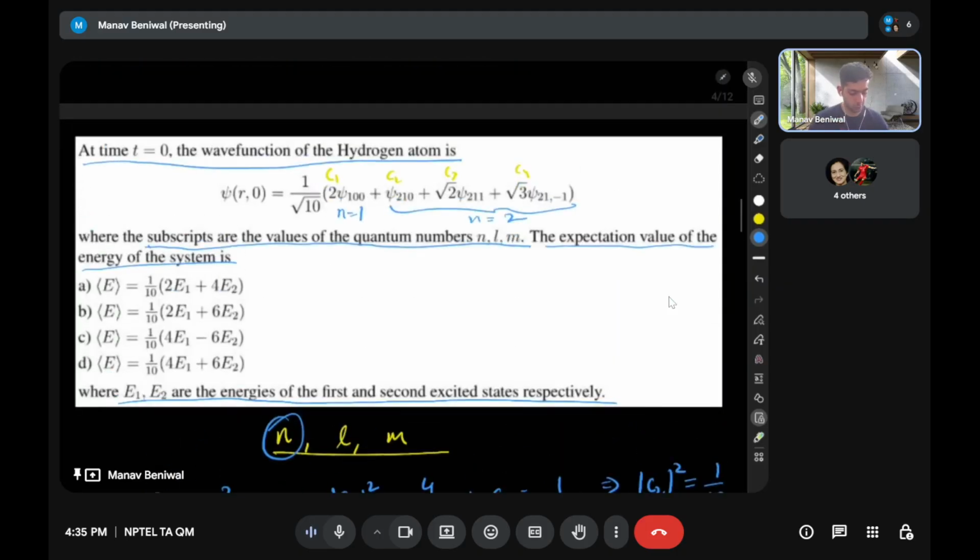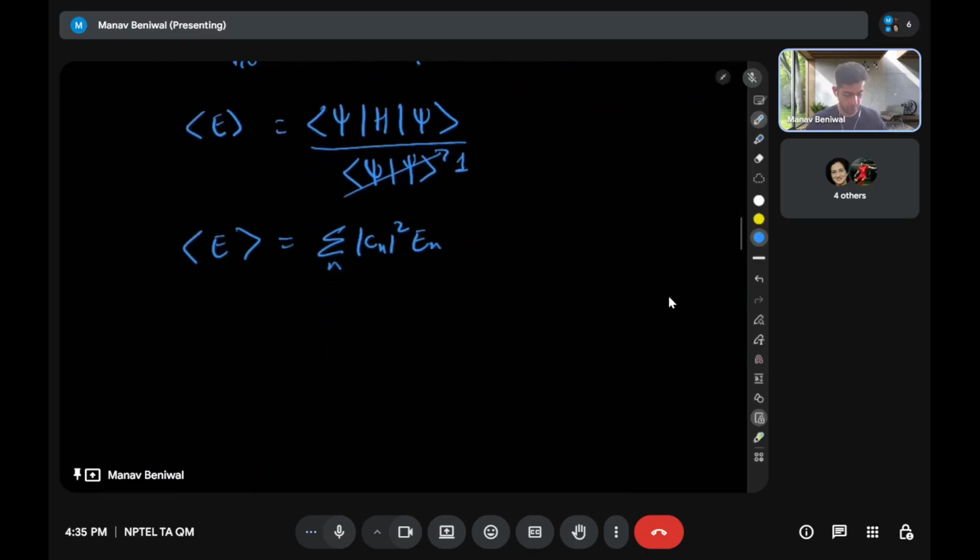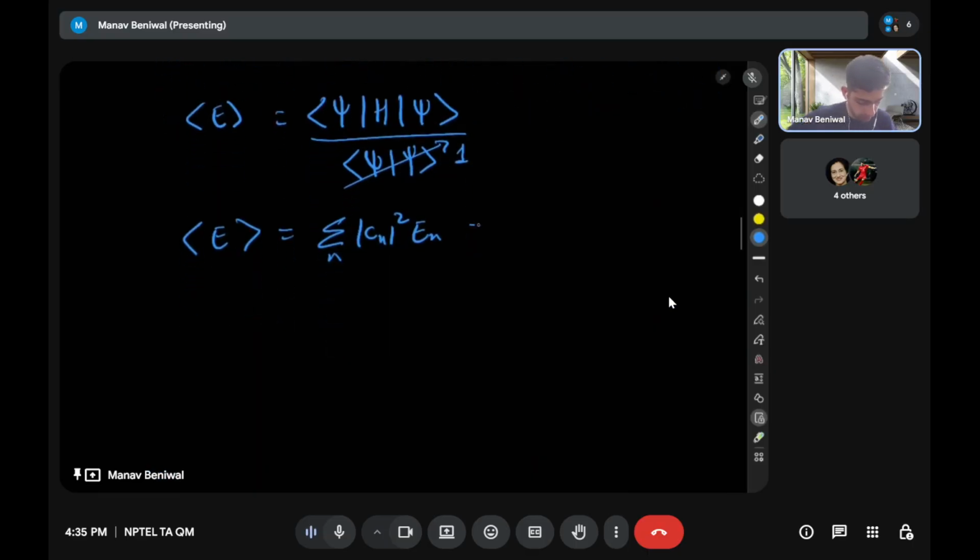As we noticed earlier, the last 3 states correspond to n equals 2, and the first one corresponds to n equals 1. So we can expand this as mod c1 squared times e1 plus mod c2 squared, c3 squared, c4 squared, all multiplied by e2.